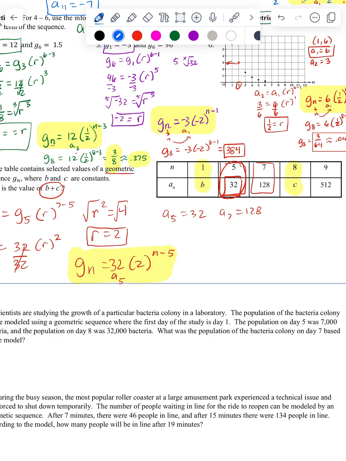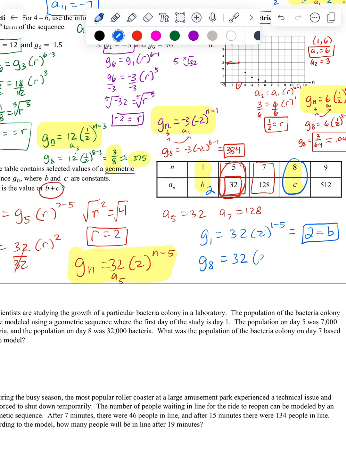All right. So to find the first term, I plug in a 1 to my general equation that I just figured out. And if you do that, you end up getting 2, which is going to go here, and that would make this the B value. Okay, I need to find C, which is G sub 8, meaning what do you get for an outcome when you are on the 8th term.